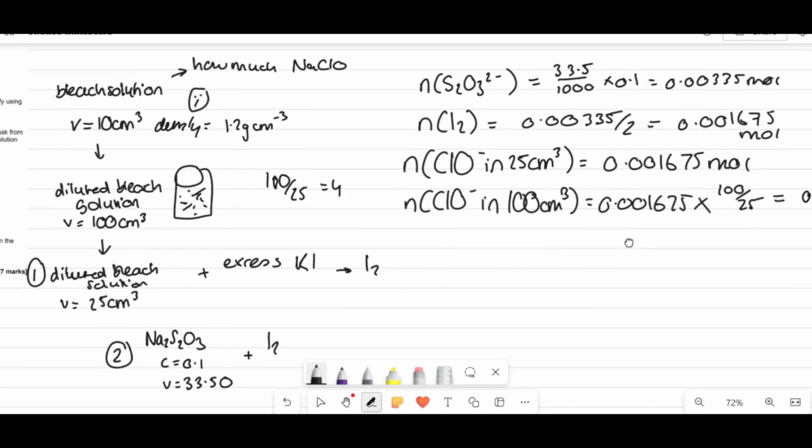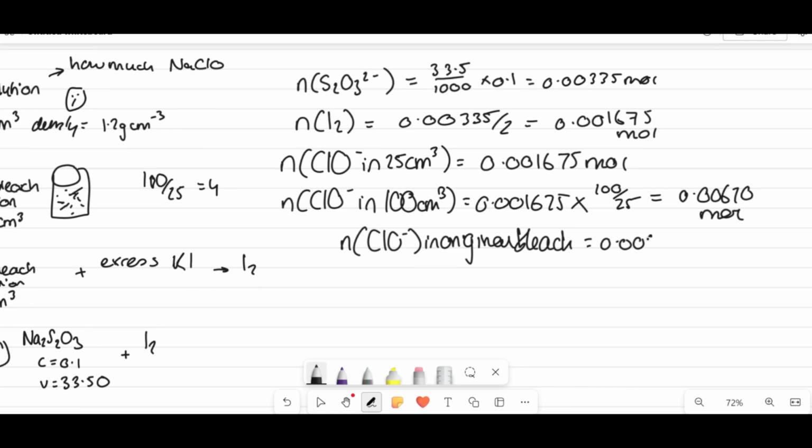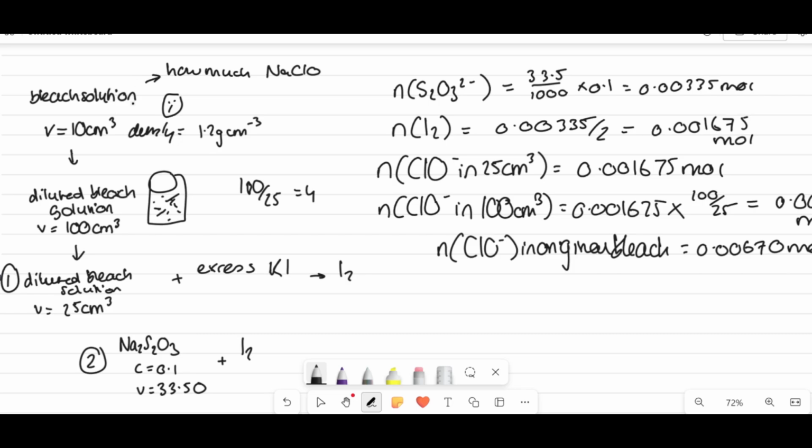So that means that we now know that the moles of the ClO minus in the original solution, the original bleach, is also still going to equal 0.00670 moles. Now, the next question is how on earth we get the percentage by mass? Well, we can work out the mass of the NaClO because we know its moles and its Mr can be worked out as well.